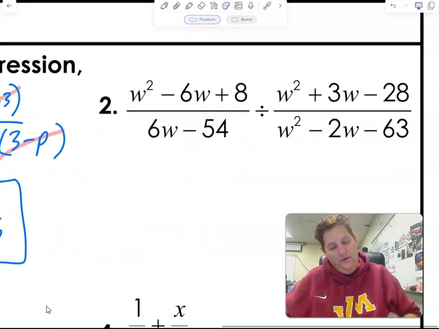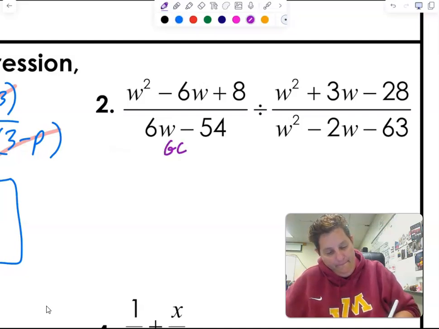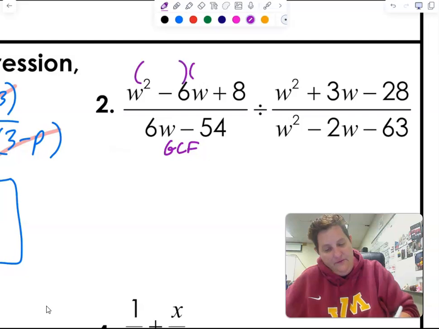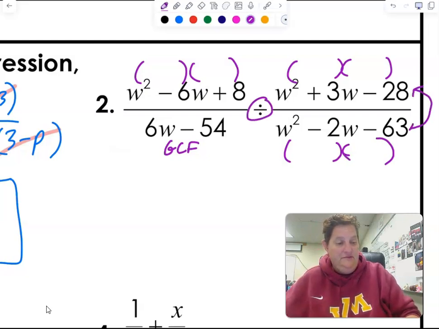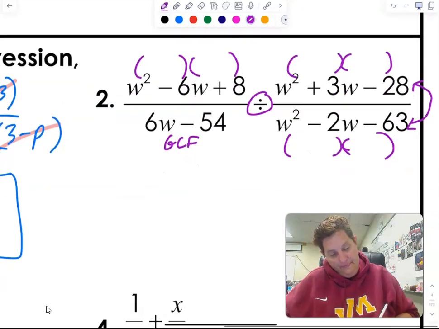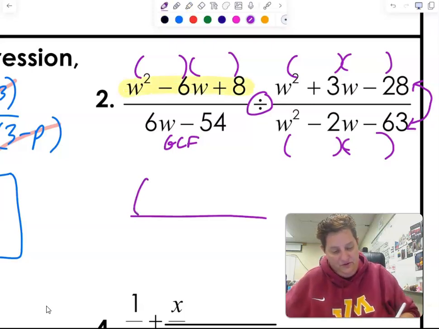Okay, oh boy, this one is like a lot of different types of factoring. This is GCF, and then the rest of them are just like 2 parentheses factoring, right? But notice that that's a divide by, which means I have to flip these. So, okay, let's start with this one. If I'm going to factor that, it's going to factor 2.